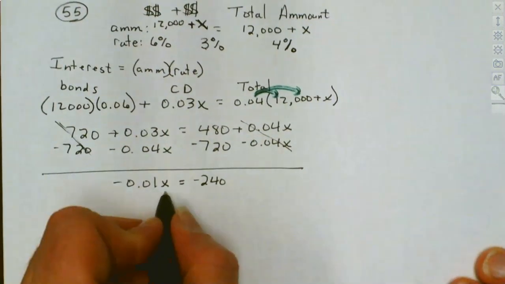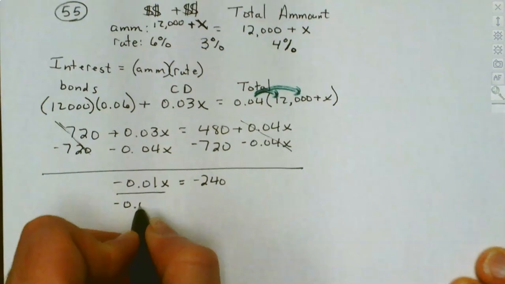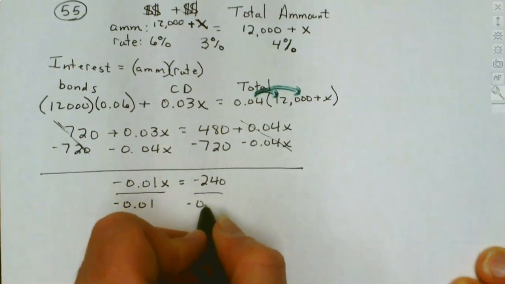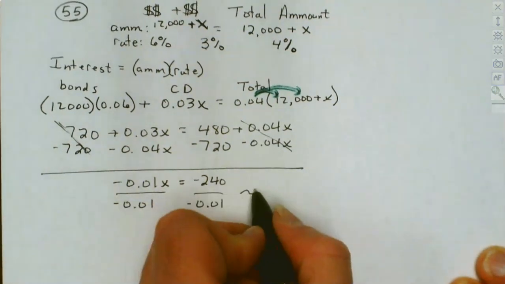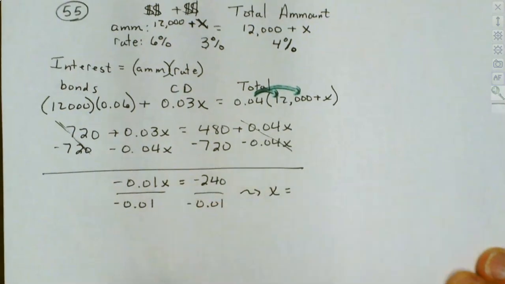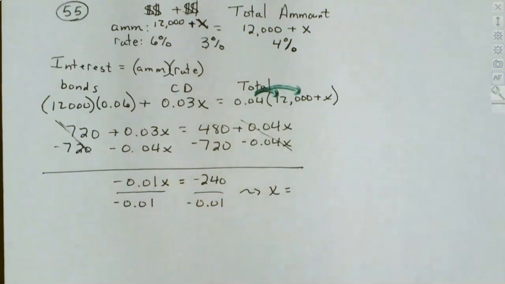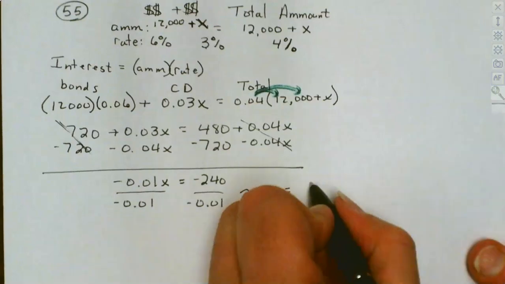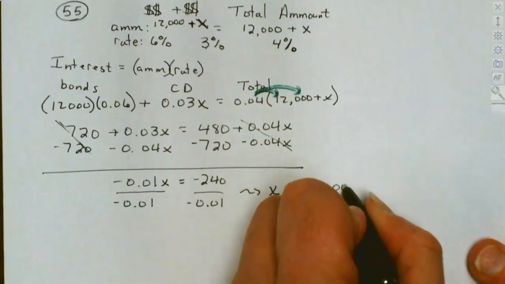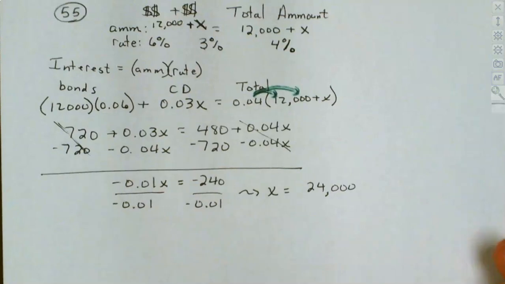And the 0.04x can cancel there. We're going to now divide by the 0.01 on both sides. And we know a negative divided by a negative is now going to make that a positive. So that then comes out to be 24,000. So what do we know?